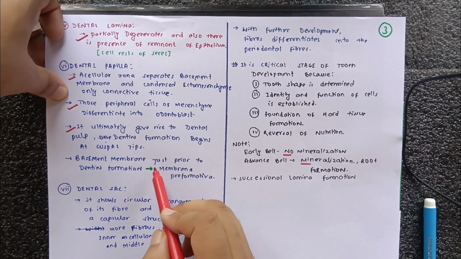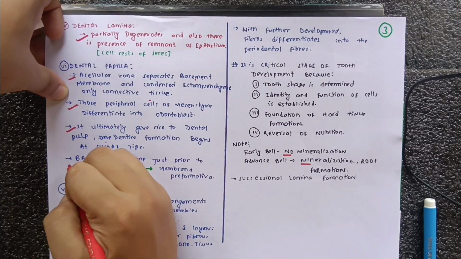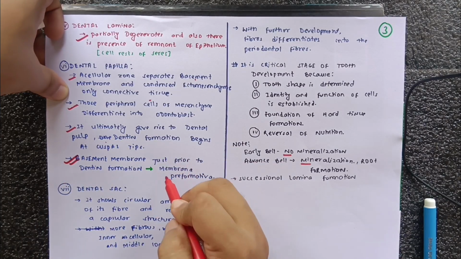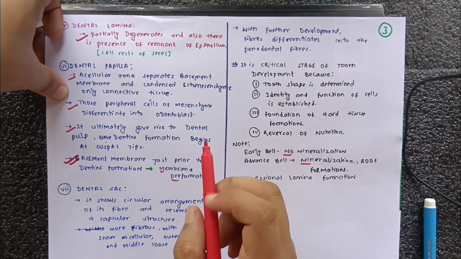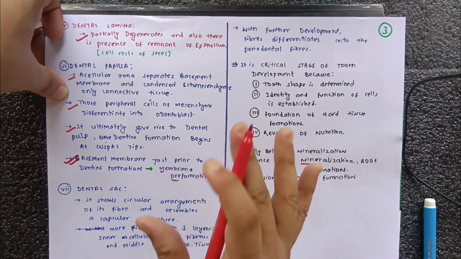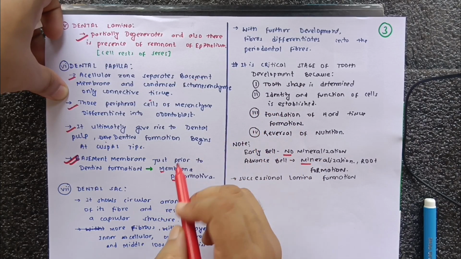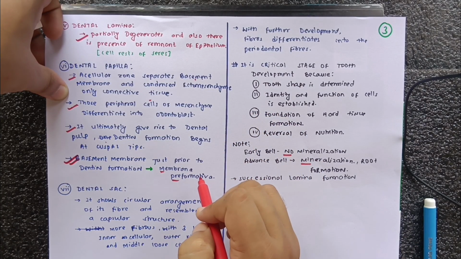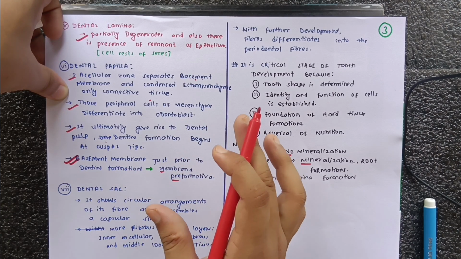After that, the basement membrane just prior to the dentin formation is called the membrana preformativa. This is one of the most important MCQ questions, and they can also ask it in a viva. The name of the basement membrane just prior to dentin formation is membrana preformativa. At this time the basement membrane is slightly more permeable.